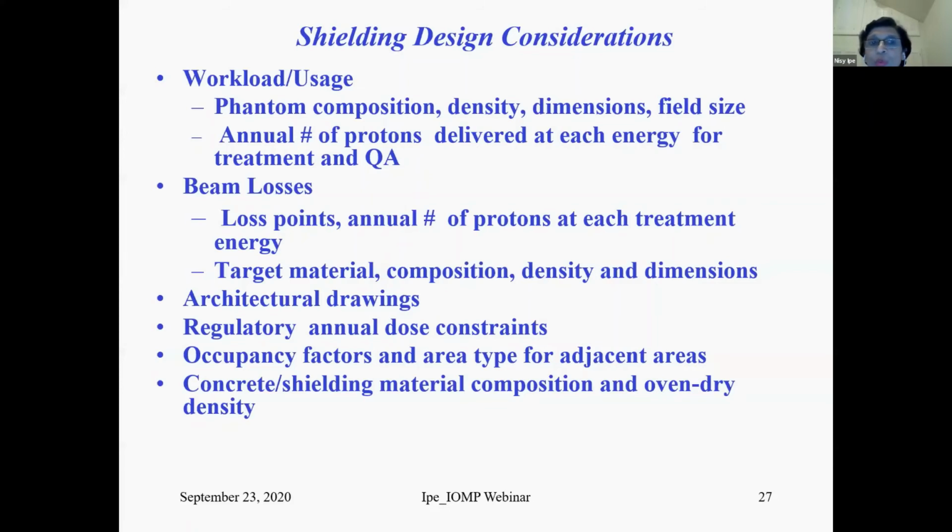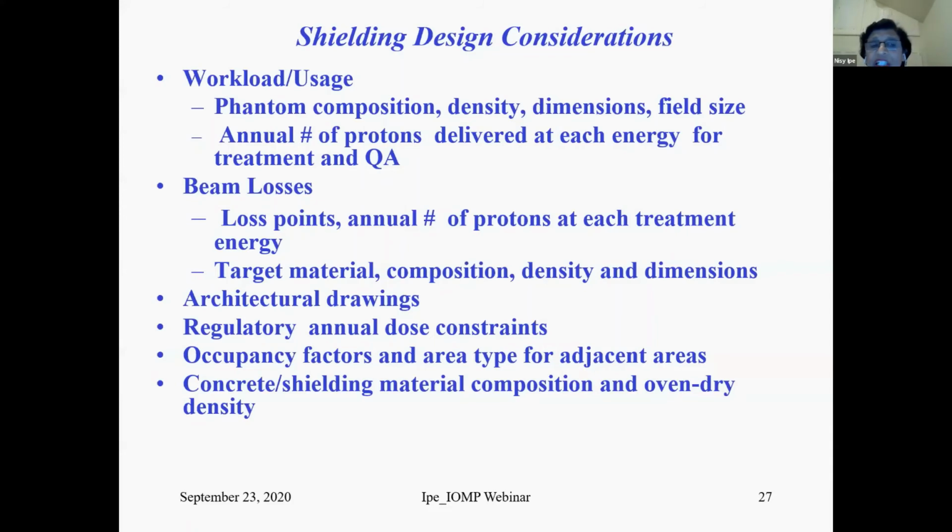Sometimes we need to know where the loss points are and what's the annual number of protons at each treatment energy for each loss point. We need to know the target material, the composition and density and dimensions for each loss point. Then we need architectural drawings from the architect, and these should show plans and sections. All the dimensions should be called out, and we also need to see where the penetrations are.